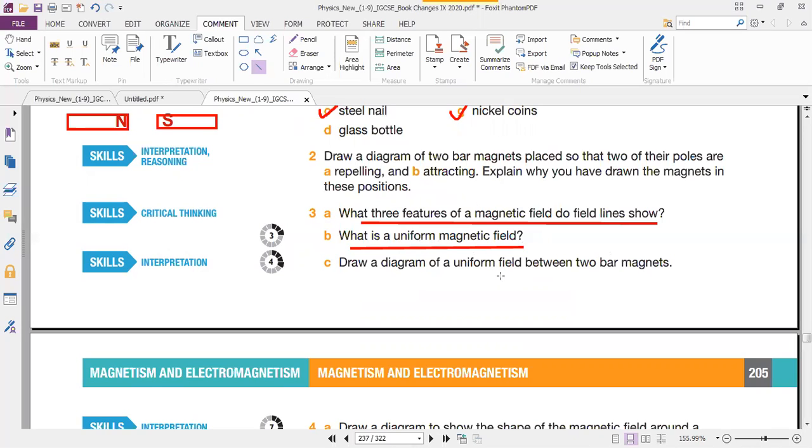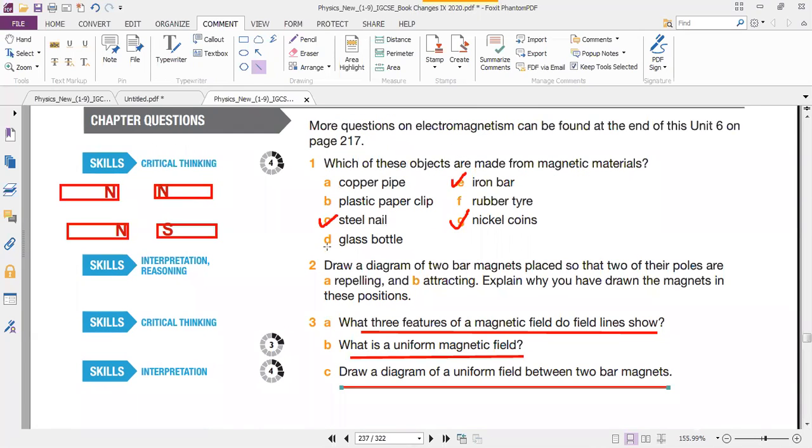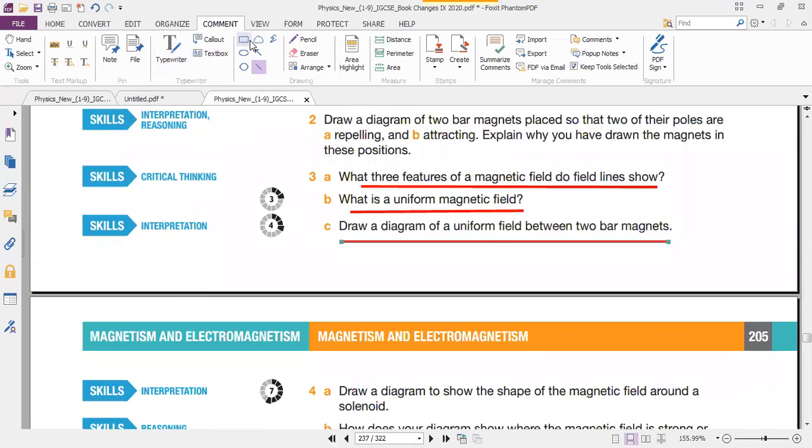Draw a diagram of a uniform field between two bar magnets. So it's very simple.